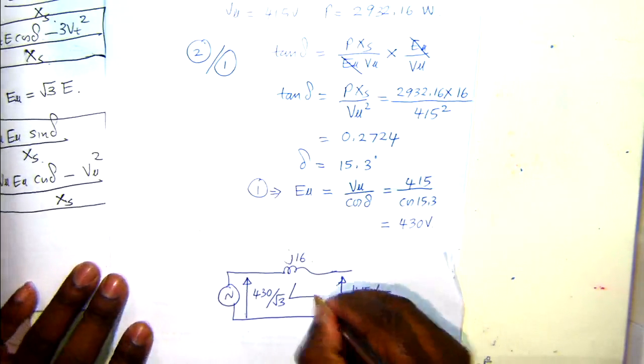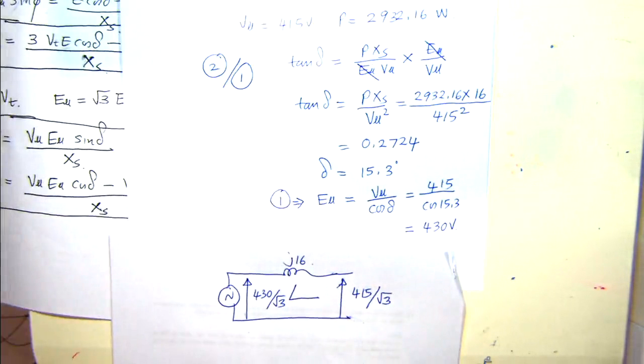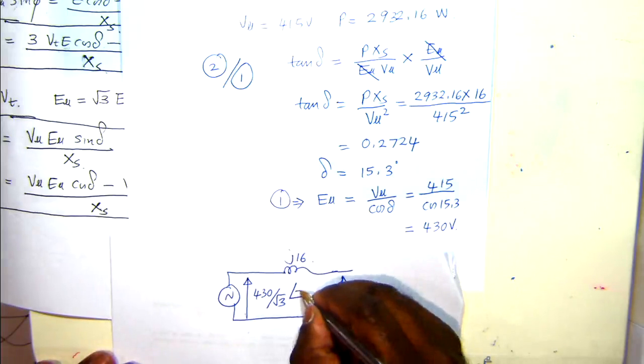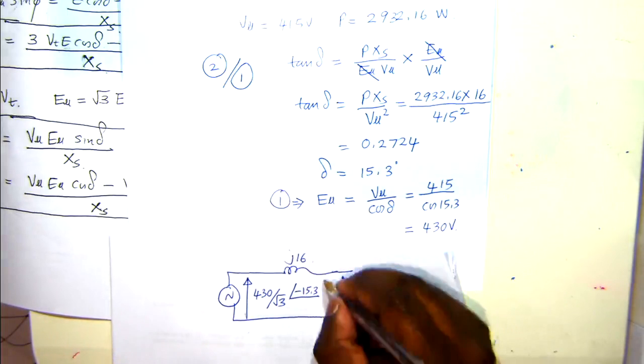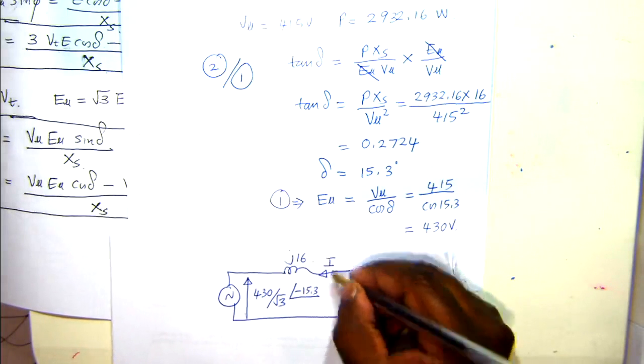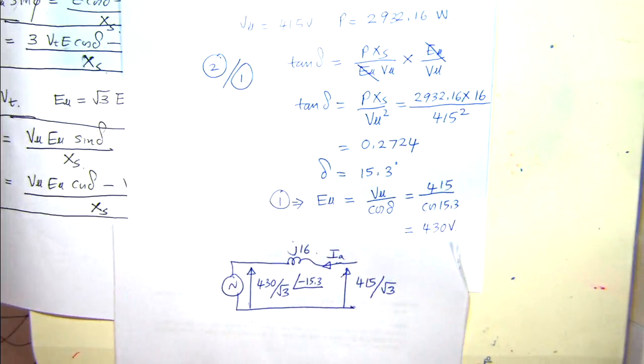And this angle, we found that as 15.3, but then in this case, it's delivering power, so that's a negative angle. So we need to find this particular current I, the armature current.